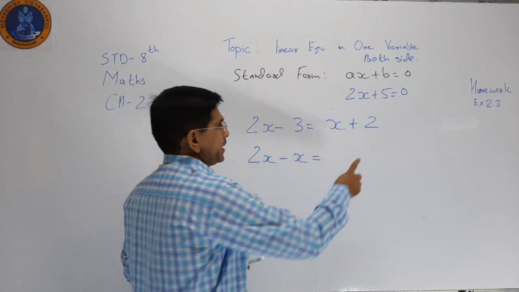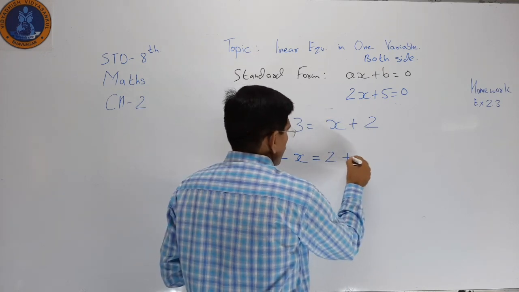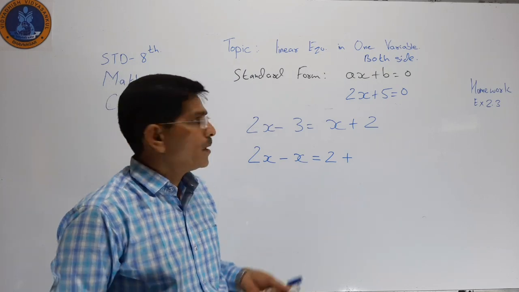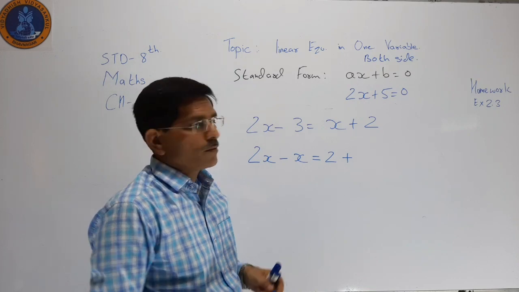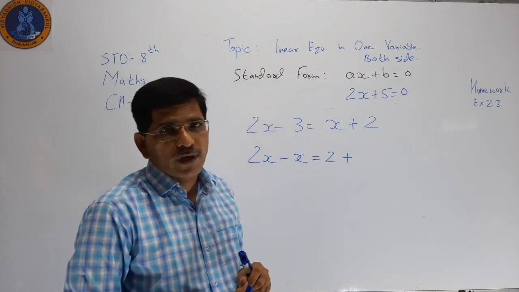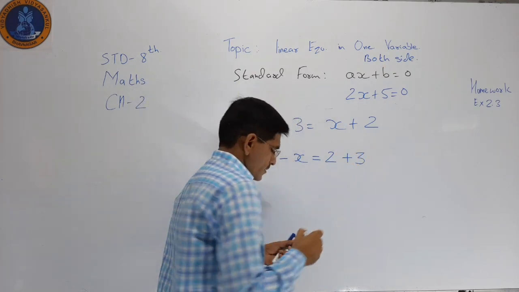Now the constant term that remains on the right is 2. Minus 3 should be shifted to the right side as plus 3, because you want to shift from left to right. So it should be converted into plus 3.